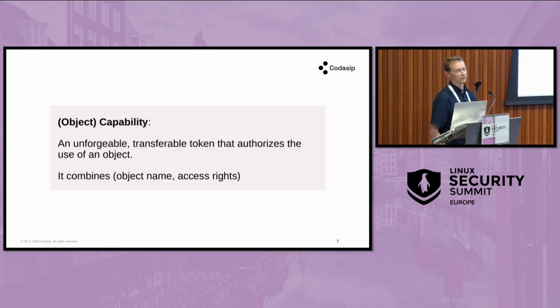So we can start to define what a capability is. A capability is an unforgeable, transferable token that authorizes the use of an object. We're talking here about a type of capability called an object capability. It encapsulates a reference to an object and the rights to use it for accessing it.